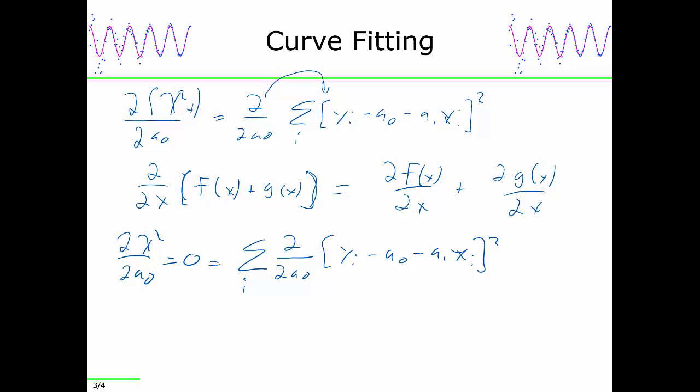We've got this squared term, so the derivative of something squared is 2 times that thing, and then we take the derivative of whatever was inside.